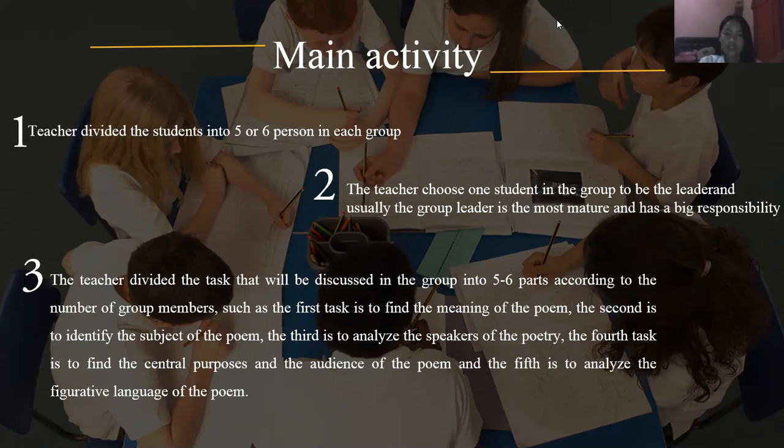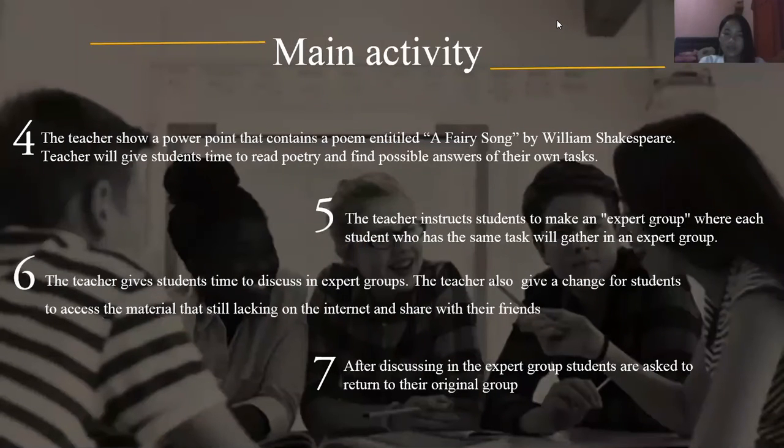So the tasks depend on the number of group members, such as the first task is to find the meaning of the poem, the second is to identify the subject, the third is to analyze the speaker, the fourth is to find the central purposes and audience, and the fifth is to analyze the figurative language of the poem.